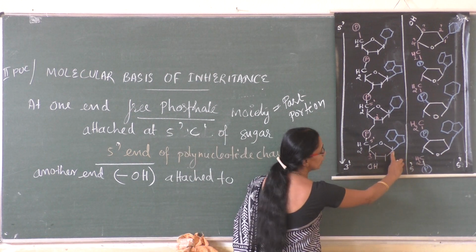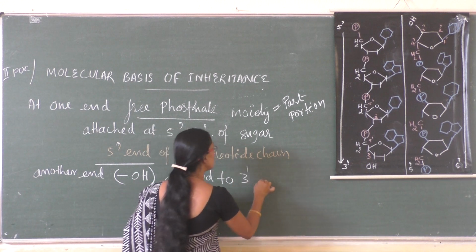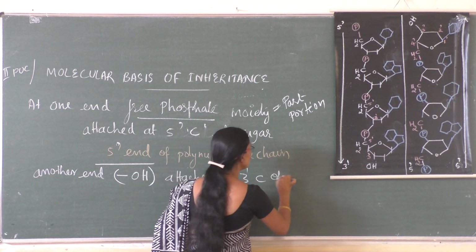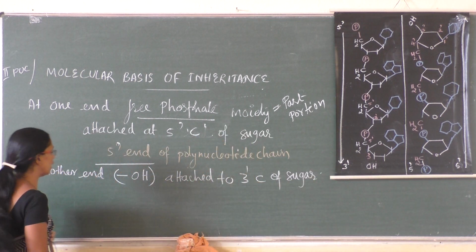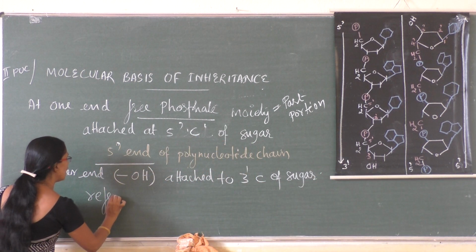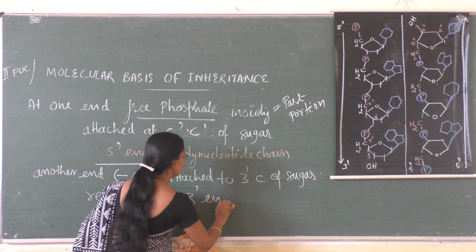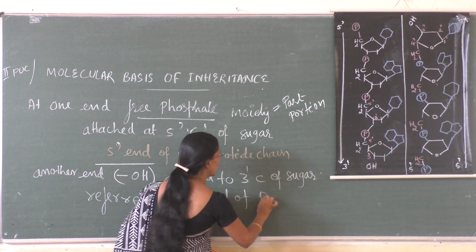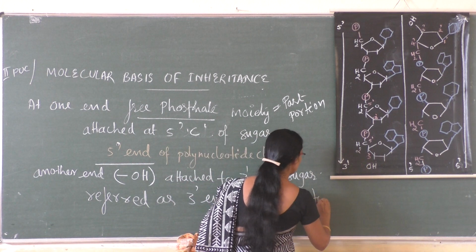We started as 1, 2, so this is 3 prime. Attached to the 3 prime carbon of the sugar, which is referred to as the 3 prime end of the polynucleotide chain.